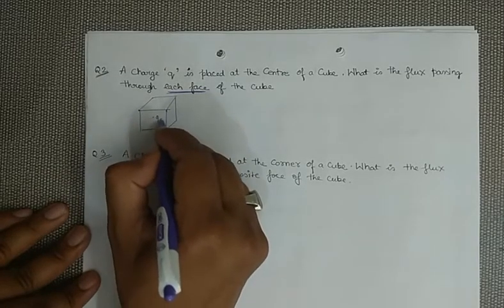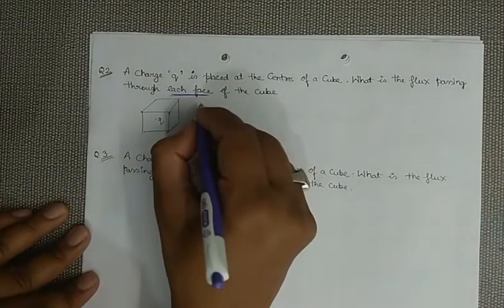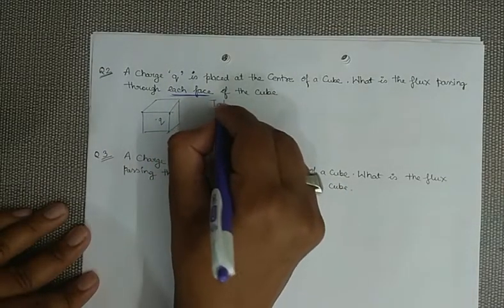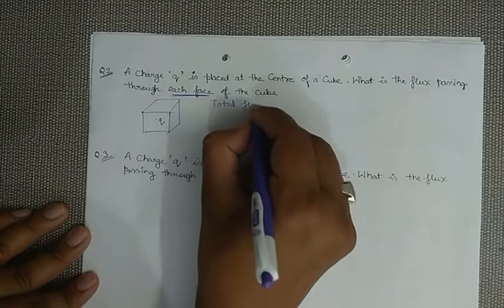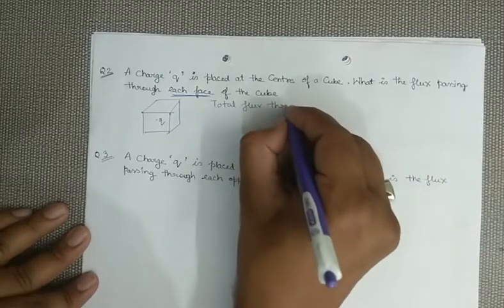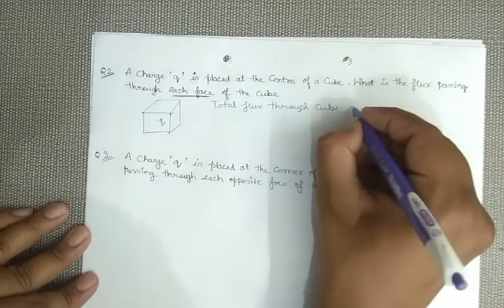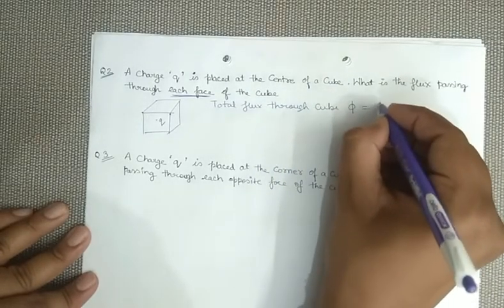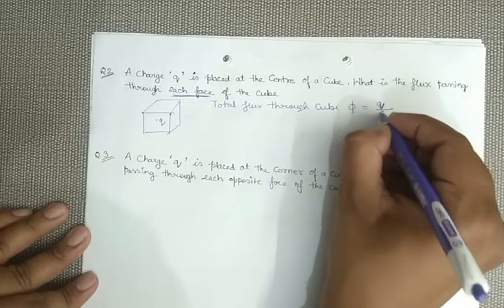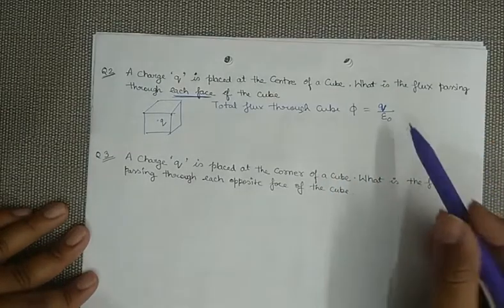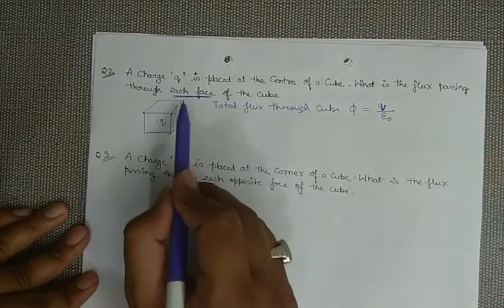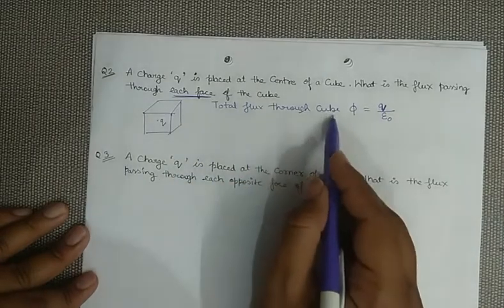So this is the charge Q. According to Gauss, what can I say about the total flux? Total flux through the cube, as we have seen, phi equals Q by epsilon naught. This was the total flux, but this time I have to take each face. How many faces are there in a cube?